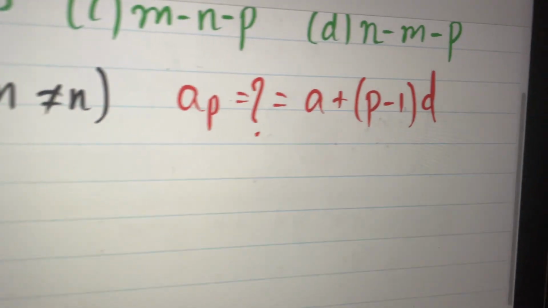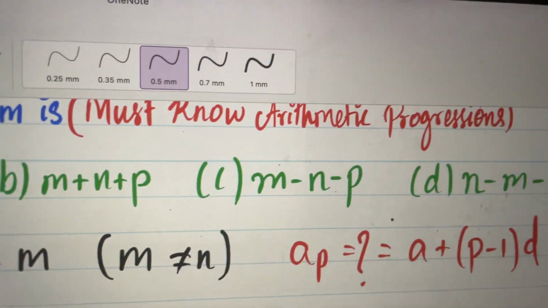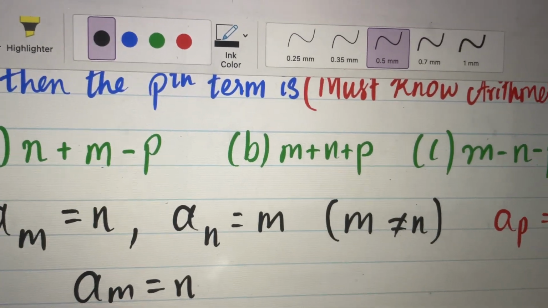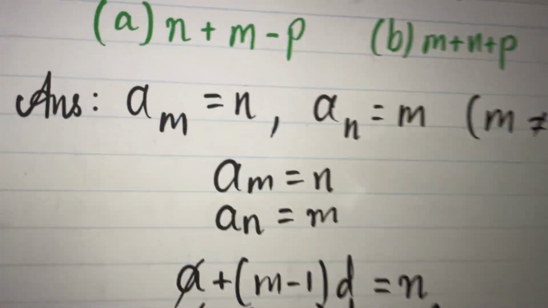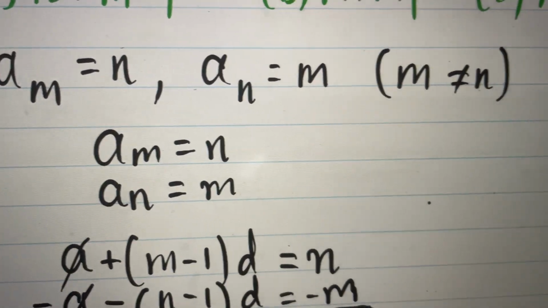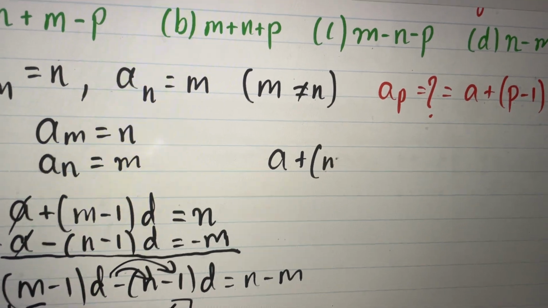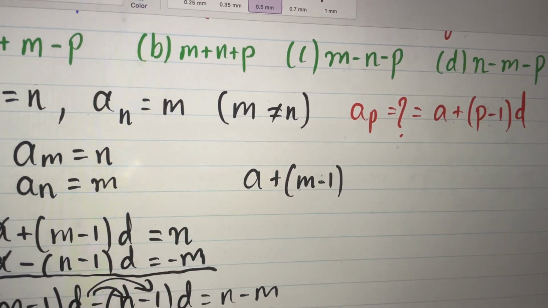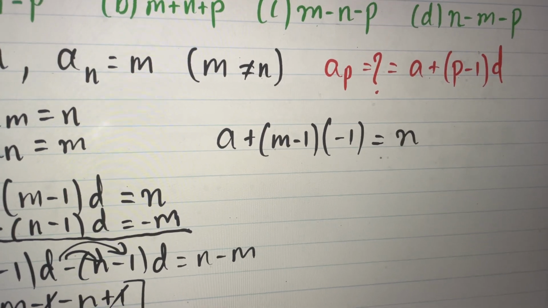So if I substitute here, I'll be having a, and if I look at my options, there ain't a's, so we have to find a. How do we do it? I'll take one of these, so let's take a_m is equal to n, so that means a plus (m minus 1) times, I'm going to substitute for d, minus 1, is equal to n.